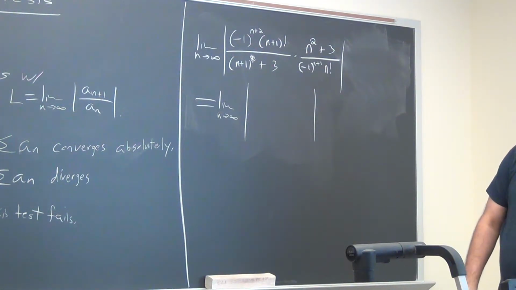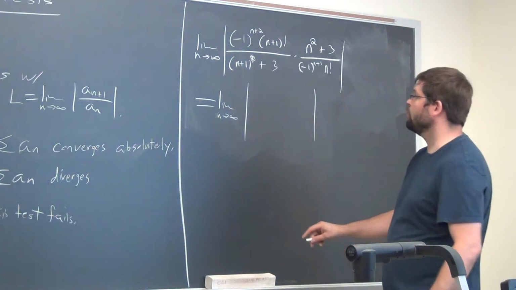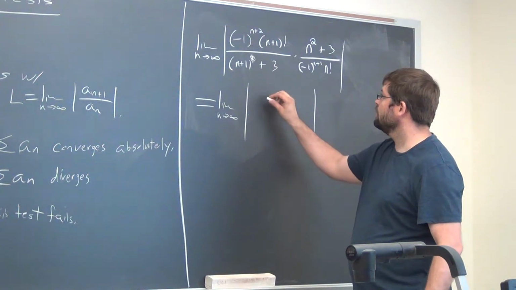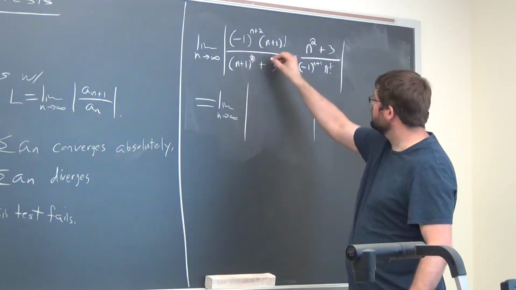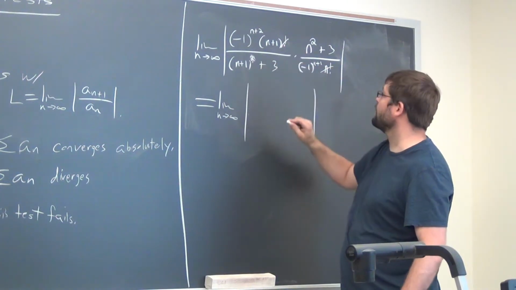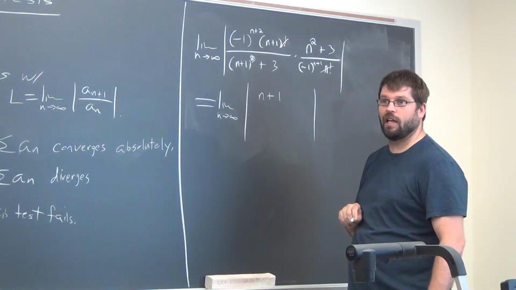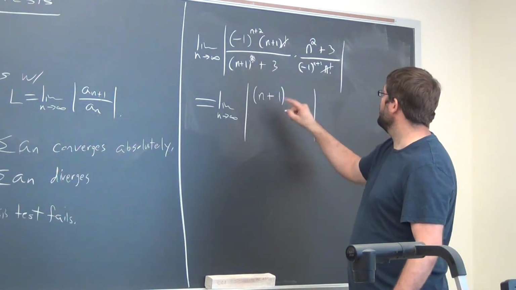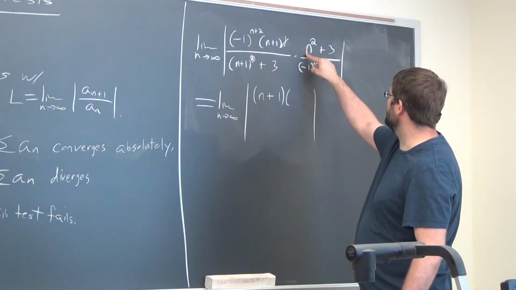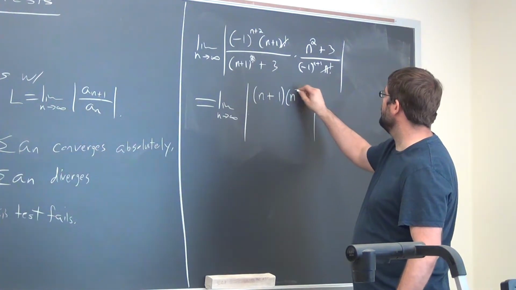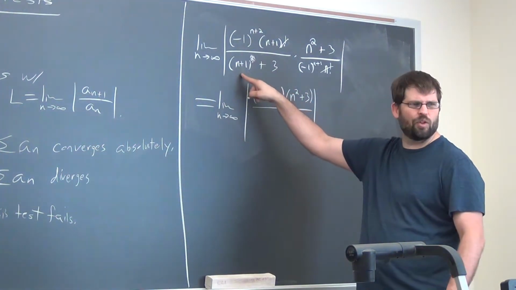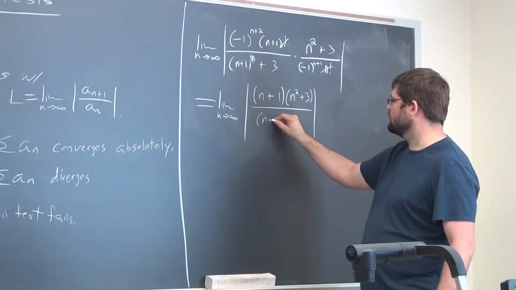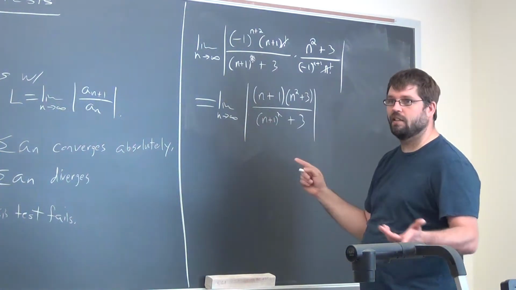The n factorials cancel, leaving you with n plus 1 up top. And then there's really not much more you can do here. This is still going to be n squared plus 3. You could multiply this out if you want, but I'll just say n plus 1 squared plus 3. So you get to this point.